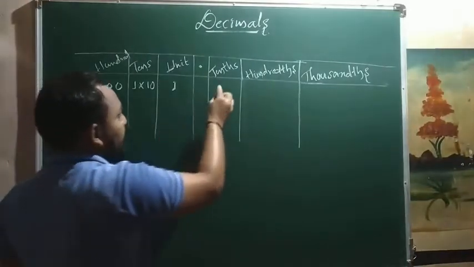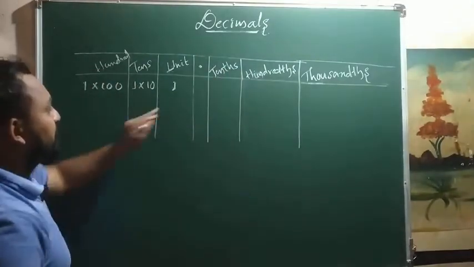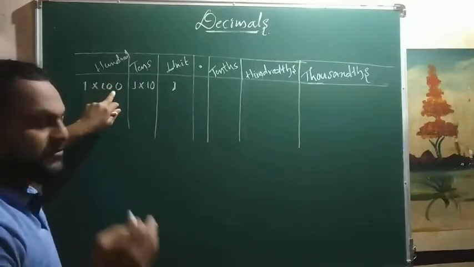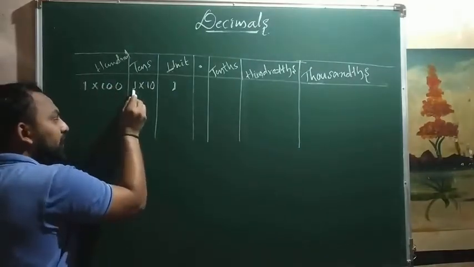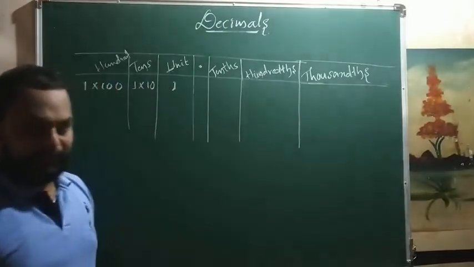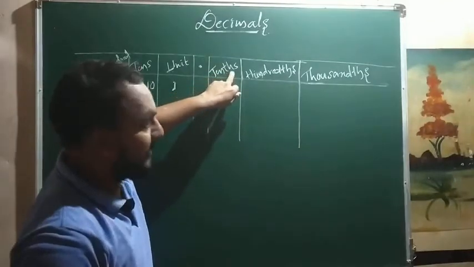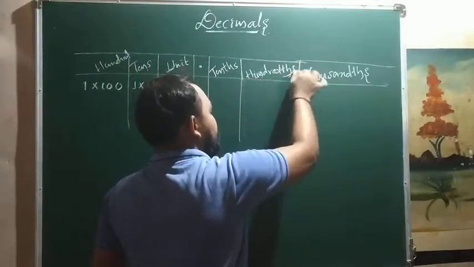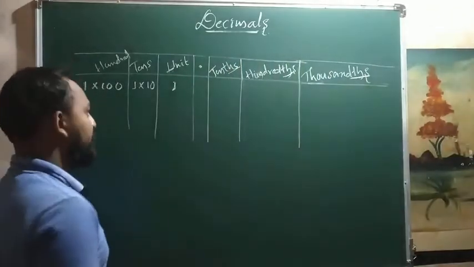Here, we multiply the unit into 1, tens into 10, hundreds into 100: the number into 100, the number into 10, the number into 1. After the decimal point, the places are tenths, hundredths, thousandths.